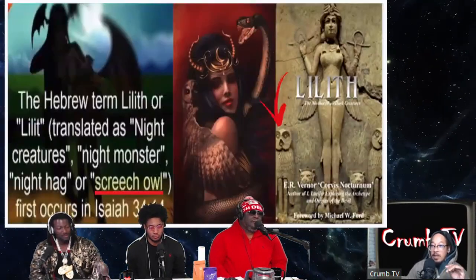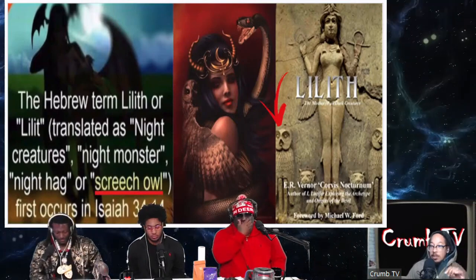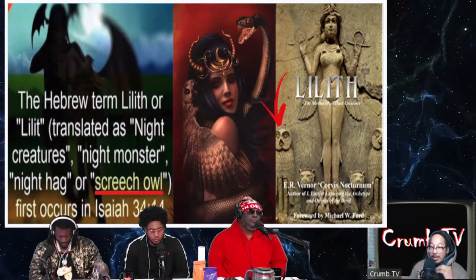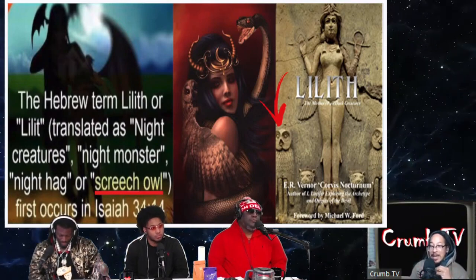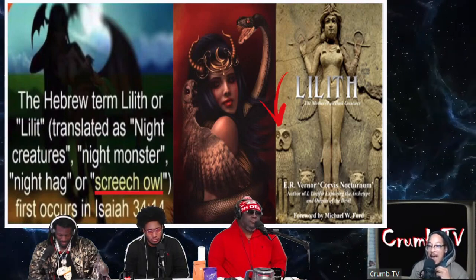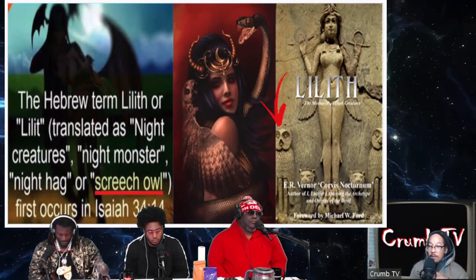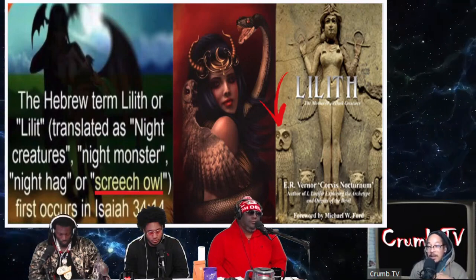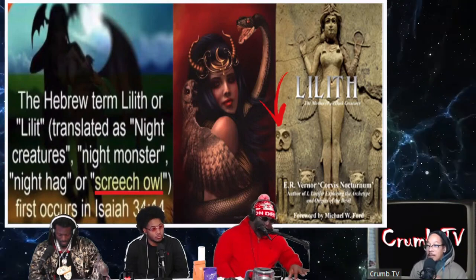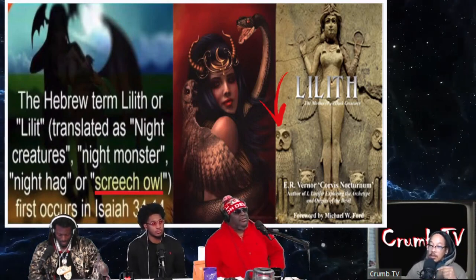The Hebrew term Lilith is translated as night creature. There's this night creature again. It's a night monster, a night hag, or a screech owl. That's right, folks. First occurs in Isaiah 34:14.